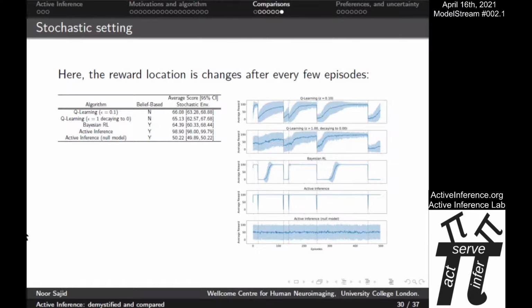Yep, definitely. Okay, so just to wrap up with these two comparisons, with the stationary setting, all types of agents, including the Bayesian RL and the Q-learning, would be reasonable frameworks to use. Whereas with the non-stationary stochastic setting, having an active inference agent might be an appropriate way of handling changing dynamics.